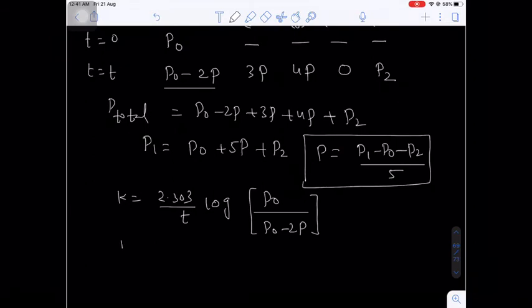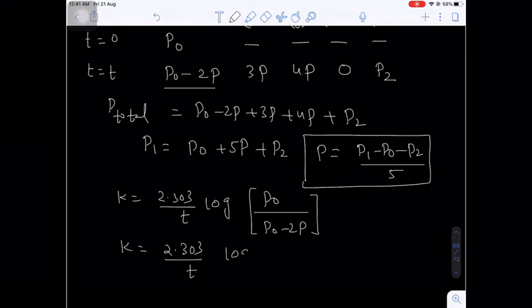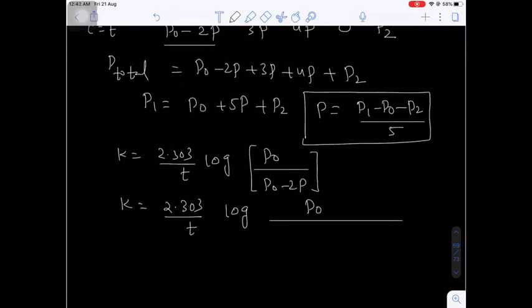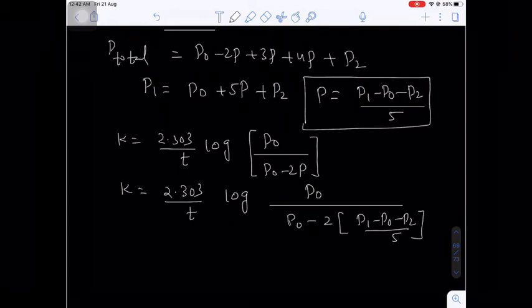Here K is equal to 2.303 divided by T log of, in the numerator P0, and in the denominator P0 minus 2 times P. What is the P value? Shall I write? P1 minus P0 minus P2, divided by 5. Are you getting my point?